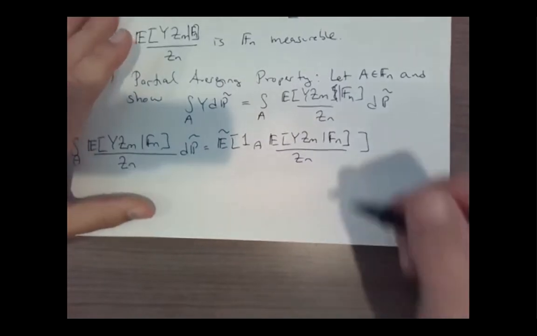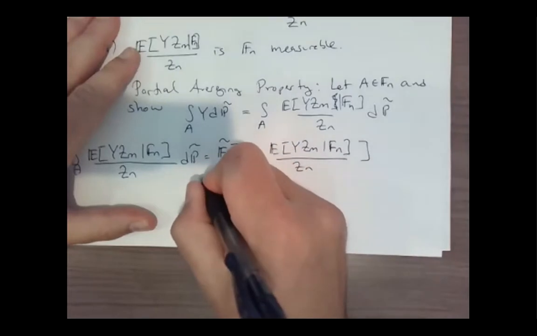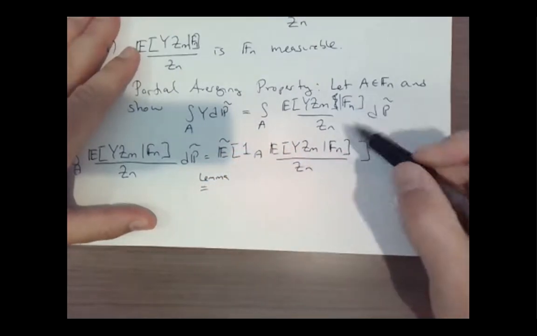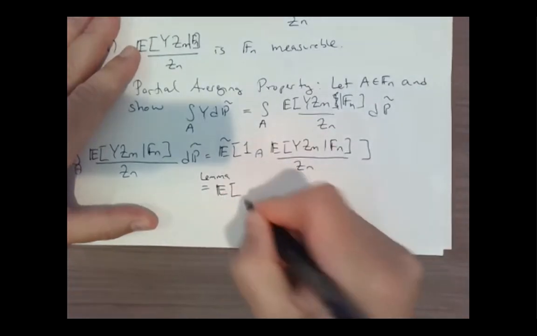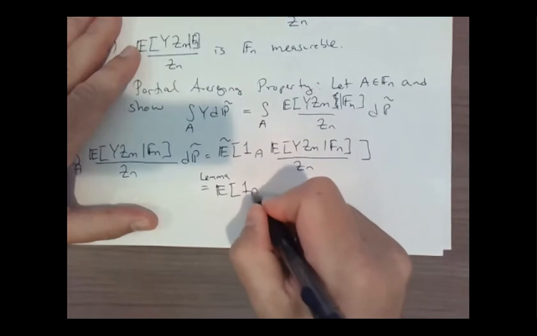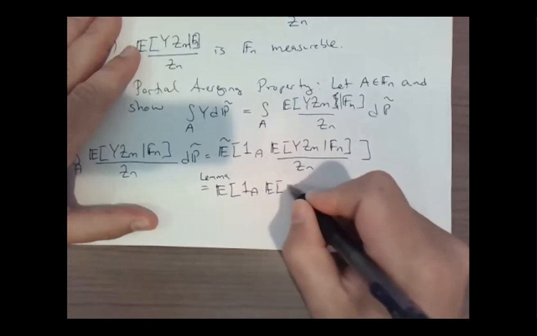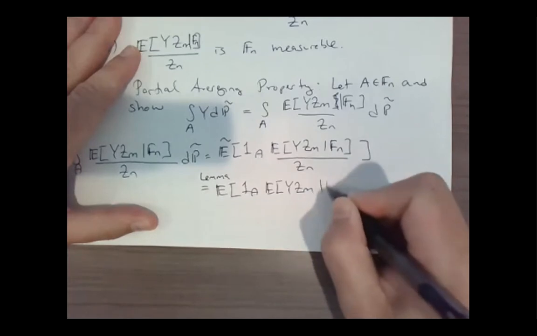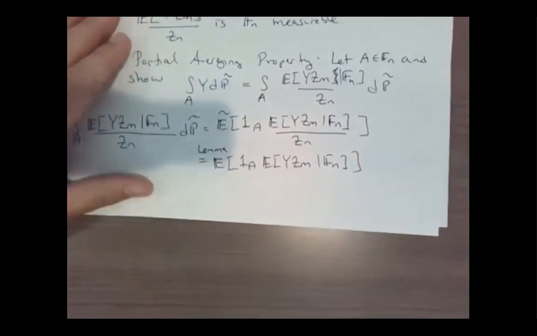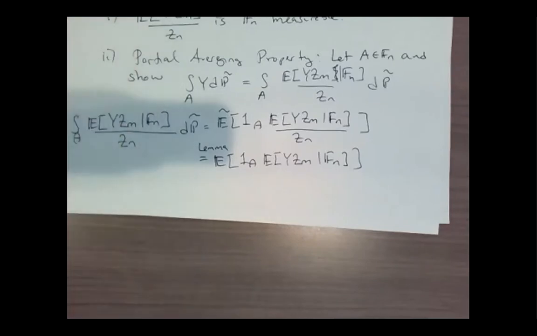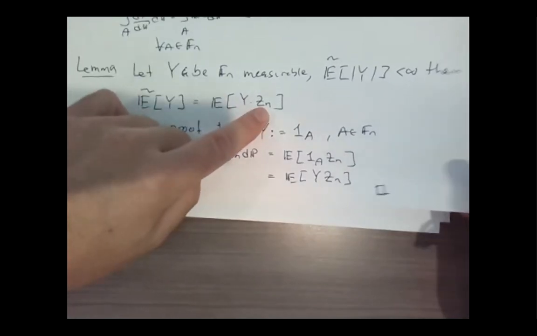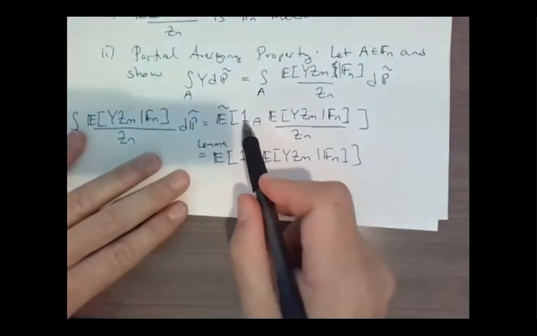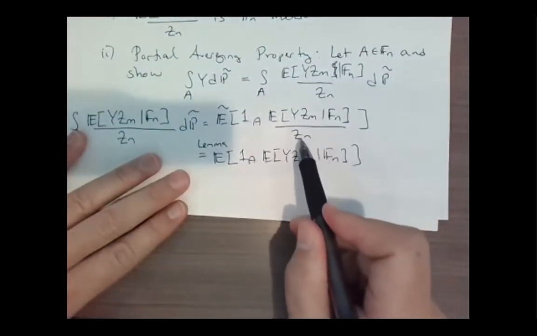Then what I do is I'll use the lemma. It says if I have an Fn measurable random variable, I can get the expectation simply by multiplying onto Zn, and we see that the Zn's cancel out. This was the lemma we had: you relate expectations under the tilde measure by multiplying onto the Radon-Nikodym derivative, which cancels out the one we have down here.